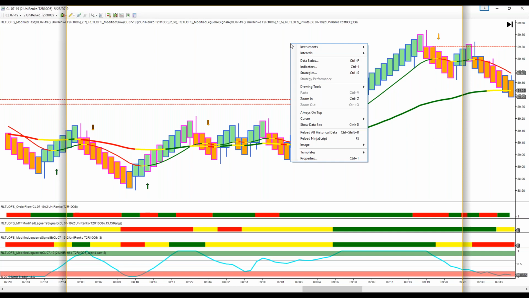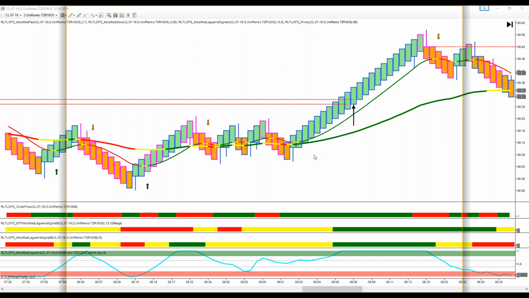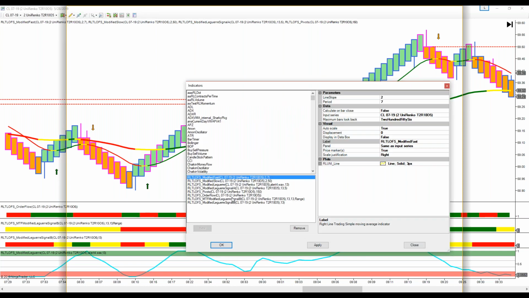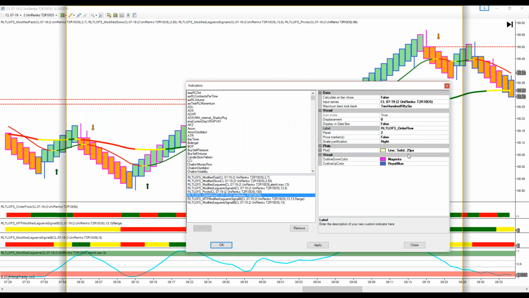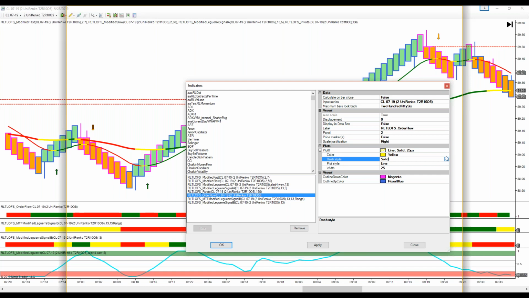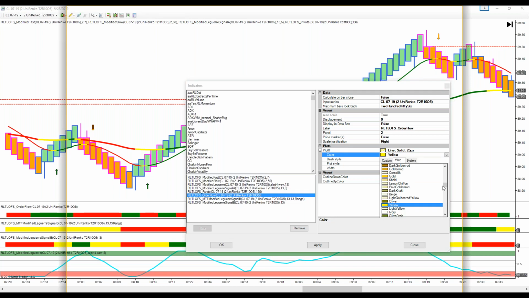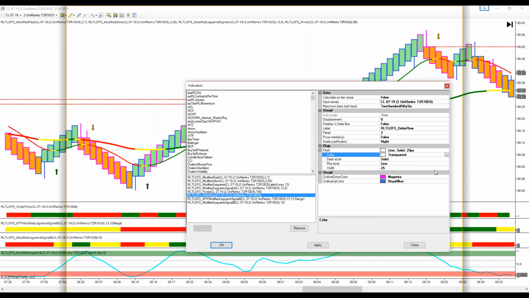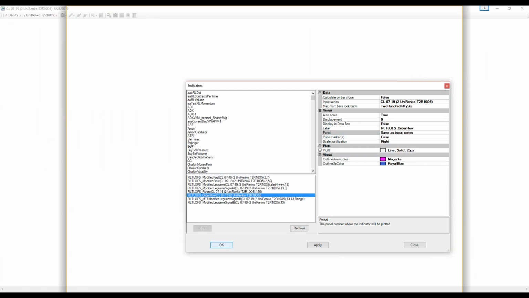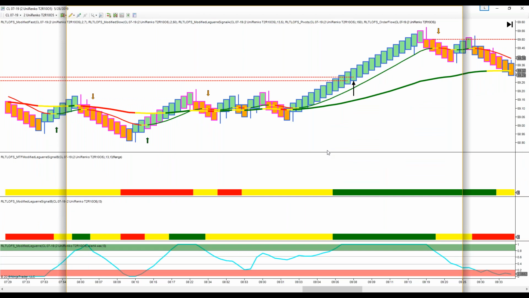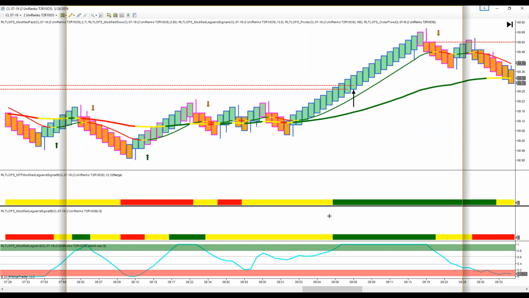I'm going to remove the order flow line because order flow is projected on the candle halo. The candle halo is blue when order flow is in your direction to the upside, and you can make that whatever color you want. When the candle halo is magenta, then order flow is projected to the downside. That's a default color that you can decide on.